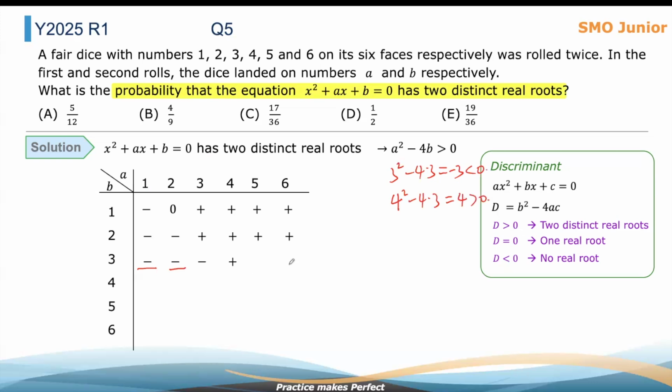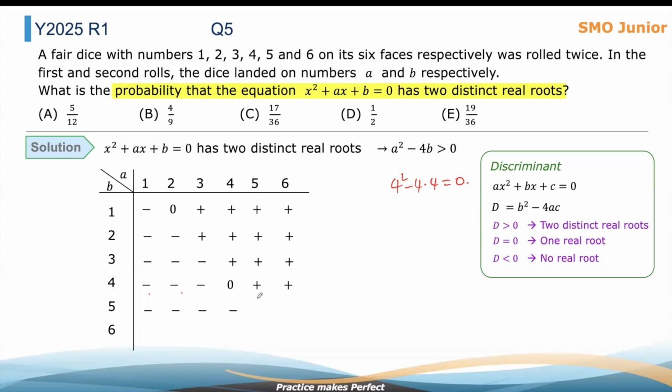The remaining are positive. Fourth row, negative, negative, negative. For this one, 4 squared minus 4 times 4 is 0. Then positive, positive. For the fifth row, negative, negative, negative, negative.